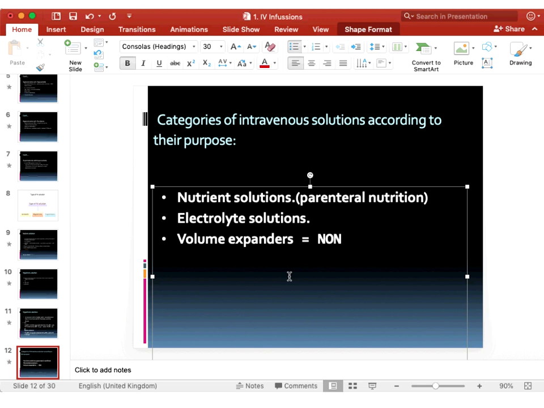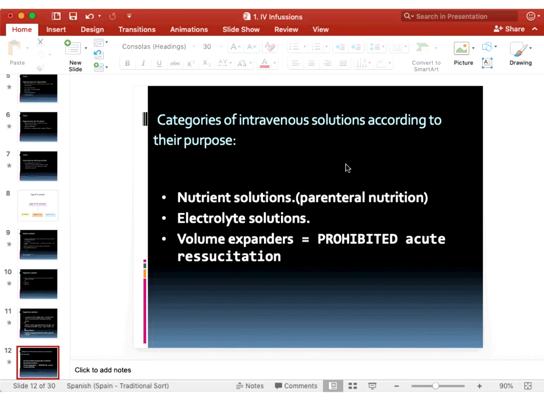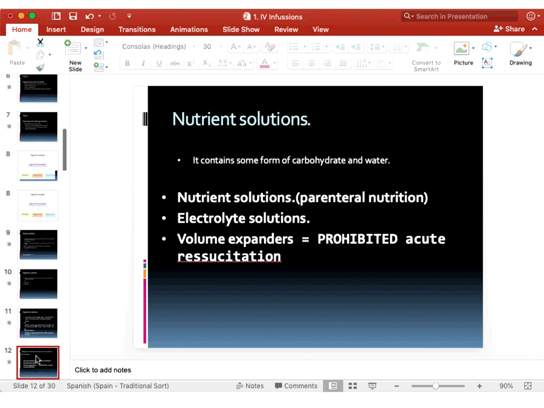Volume expanders are prohibited in acute resuscitation. All right? Why? Because they see that volume expanders cause acute kidney failure. So it is a very bad outcome for a patient that you are resuscitating after being traumatized. We're going to see that further ahead.